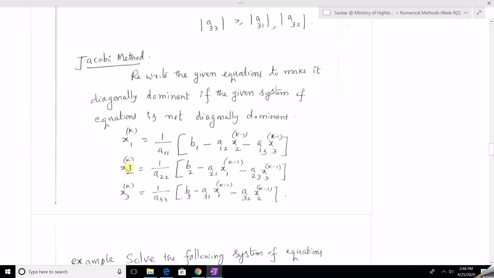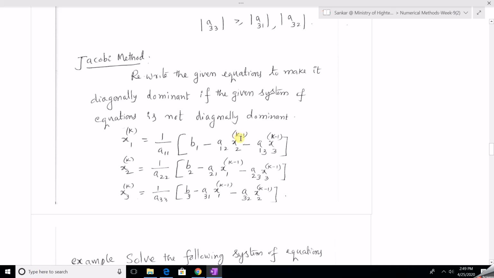Similarly, if you want the kth approximation of x2, we have to use the previous approximations of x1 and x3. Similarly, for the kth approximation of x3, we use the previous approximations of x1 and x2. For example, if k is 1, that is the first approximation of x1 that we need, then k minus 1 will be 0 on the right side.